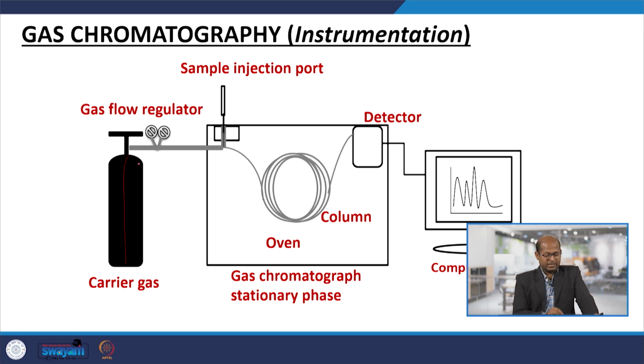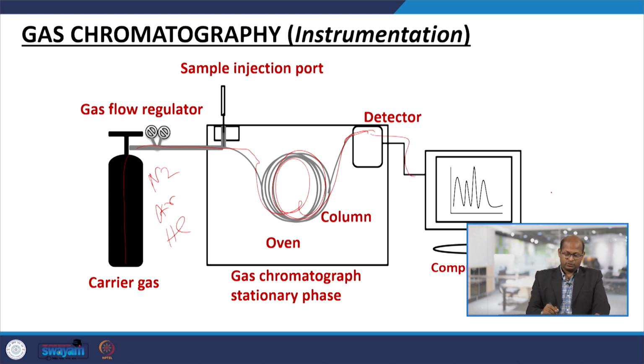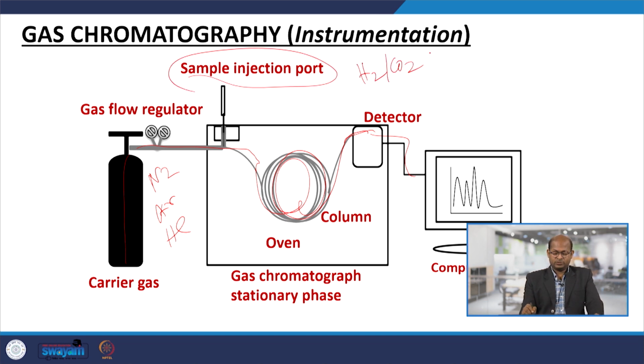This is the carrier gas, maybe nitrogen, argon, or helium, that we can pass here, and it would reach the detector and we can get this type of spectra. Okay. So, if we inject some sample, let us say a mixture of hydrogen, CO2, CO. These 3 components have 3 different molecular weights.